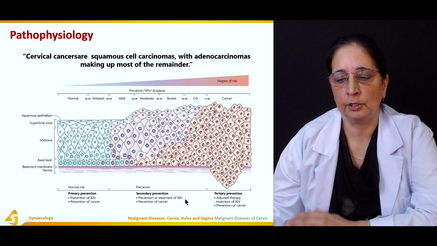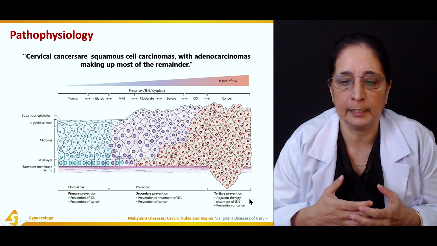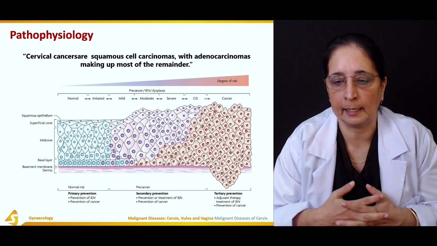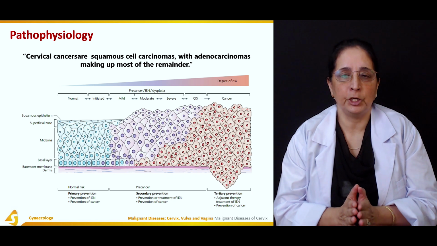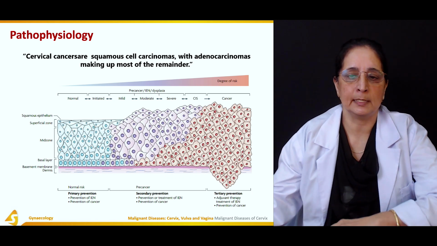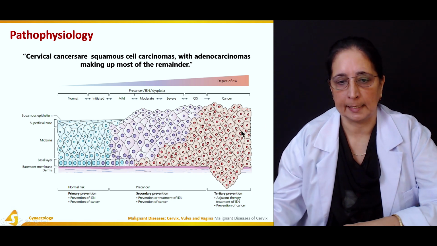And in the third, tertiary, there's actually treatment for the cancer, which includes adjuvant therapy. So this is how the changes take place in the squamous epithelium, and that leads to carcinoma or cervical cancer.